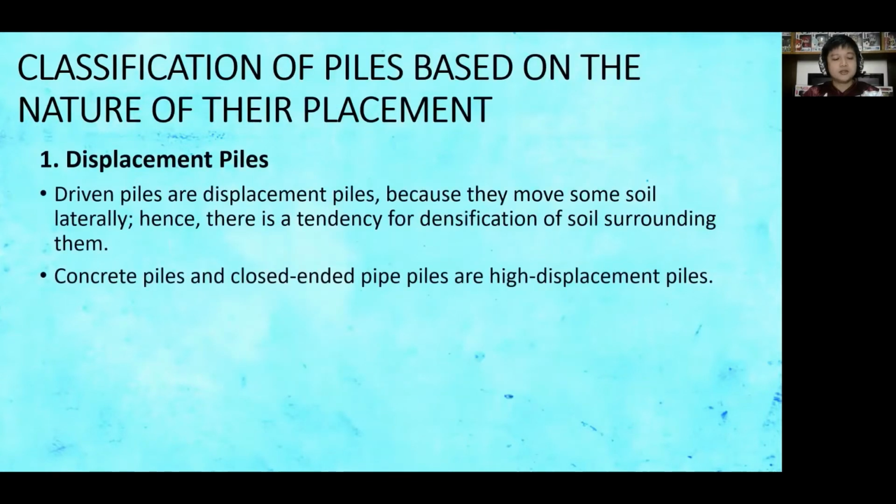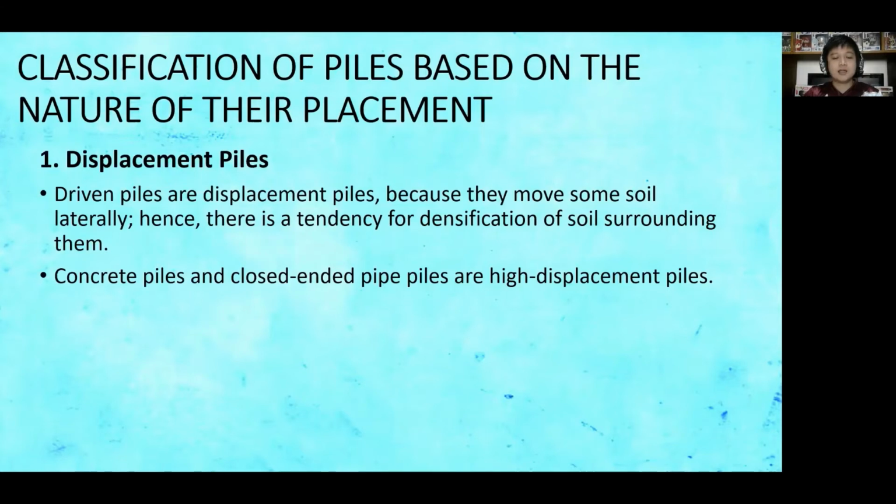For the two classifications of piles based on the nature of their placement, first is the displacement piles. Driven piles are displacement piles because they move soil laterally. Hence, there is a tendency for densification of soil surrounding them, otherwise known as the compaction process.